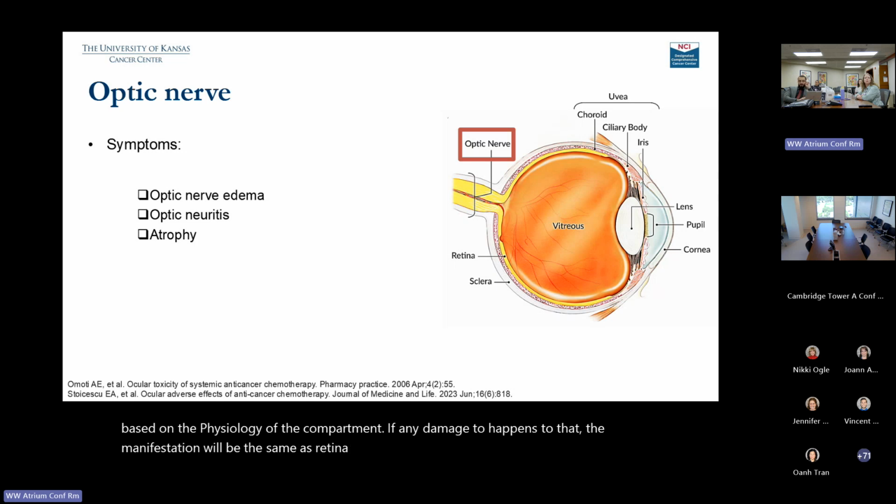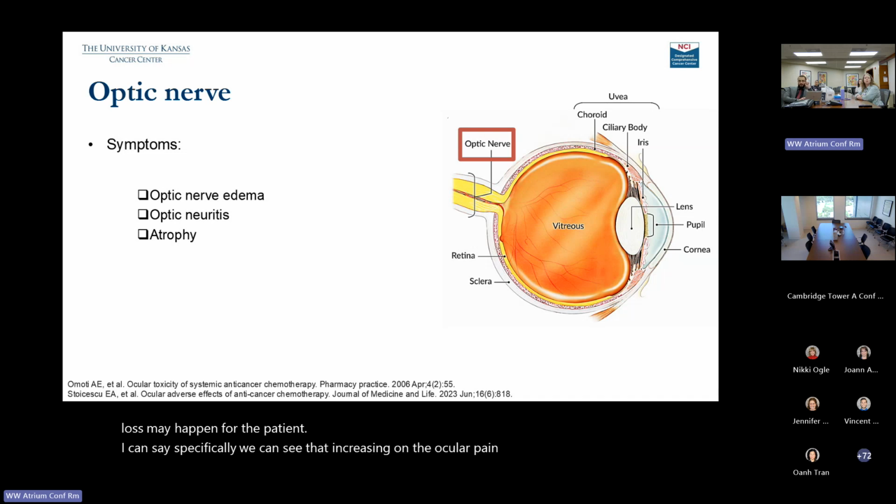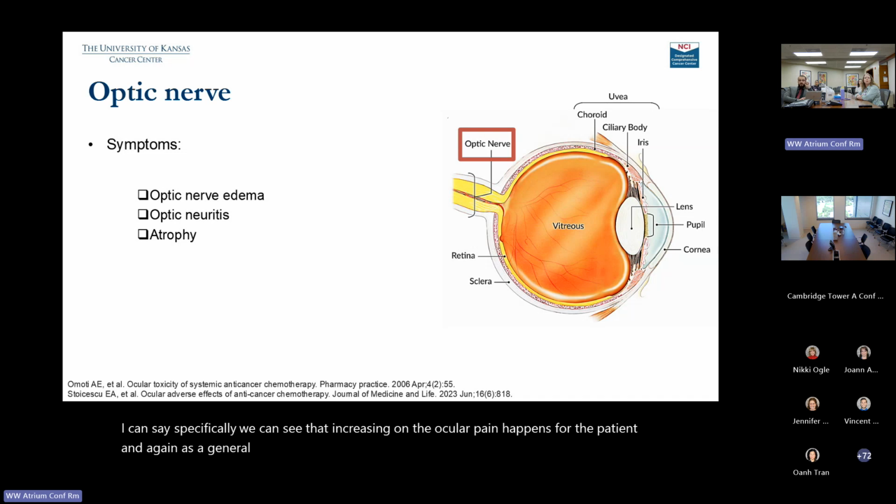For example, visual loss may develop for the patient. Specifically, we can see increasing ocular pain. And again, as a general idea, if ocular toxicity in this compartment happens, we need to withhold the medication, and an urgent referral to a specialist is required.